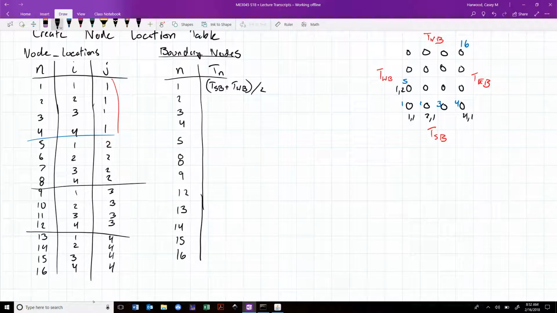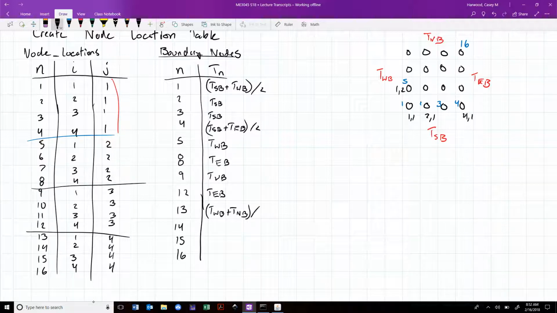And then 2 and 3 are on just the south boundary, T SB, and then 4 is T SB plus T east boundary over 2. 5 is just T west boundary, and 8 is T east boundary. 13 is on another corner, so it's going to be T west boundary plus T north boundary over 2.